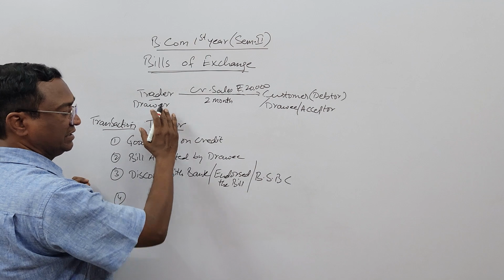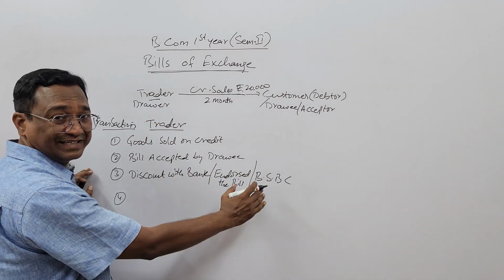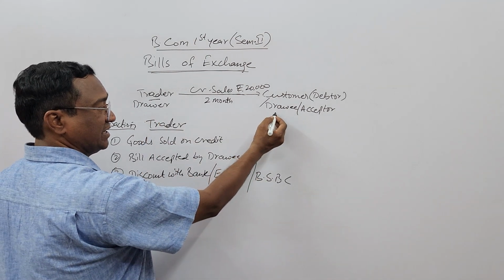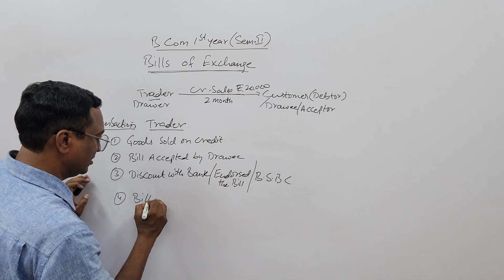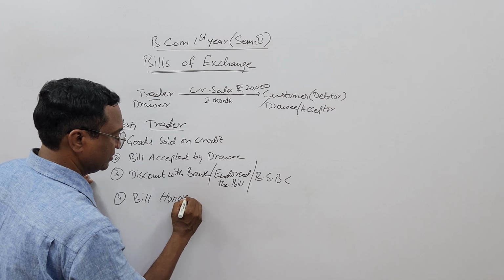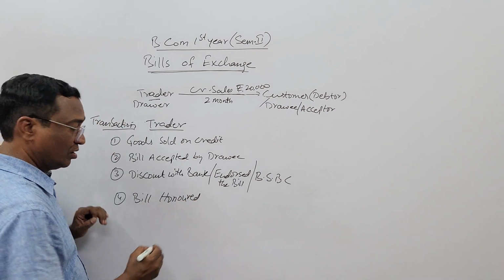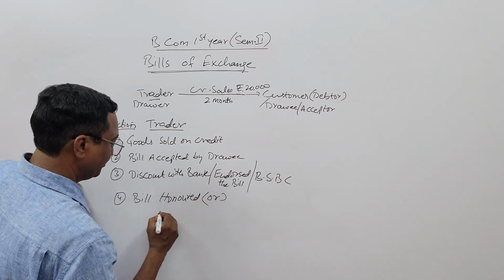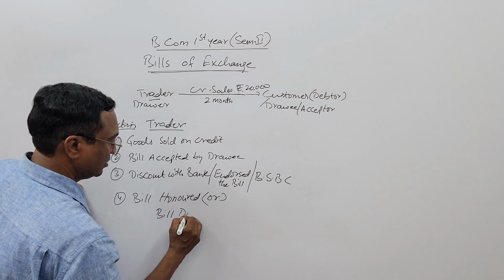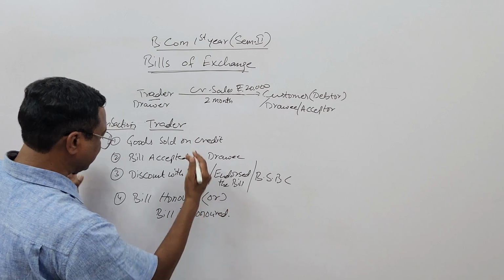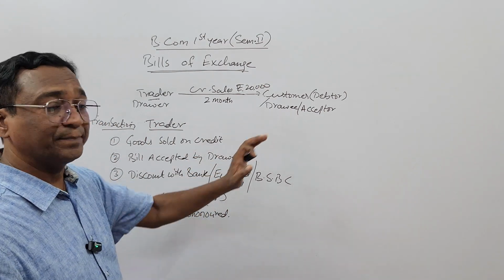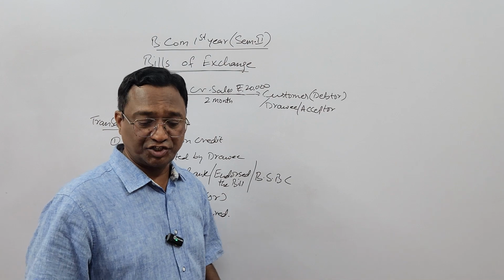After the bill has been endorsed or discounted or sent to the bank for collection, what does the customer have to do? After 2 months, the customer has to honor the bill. So bill honored or bill dishonored. These are the 4 transactions which normally happen in this bill of exchange.